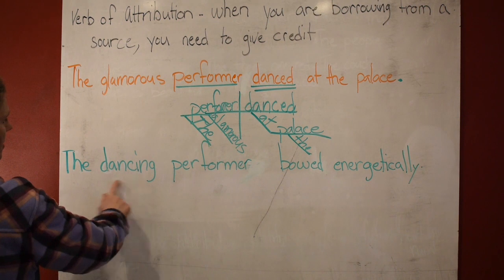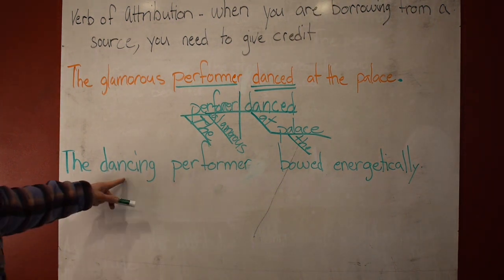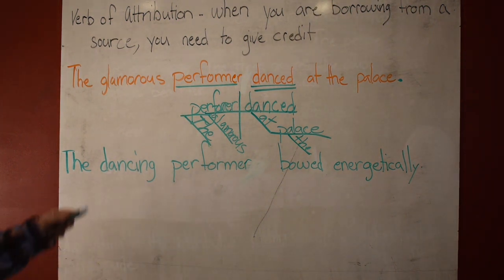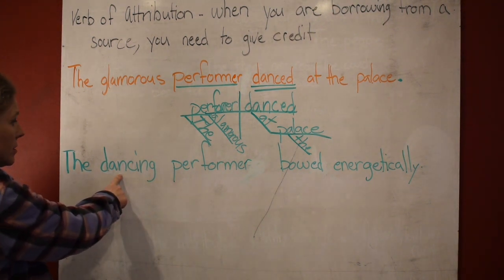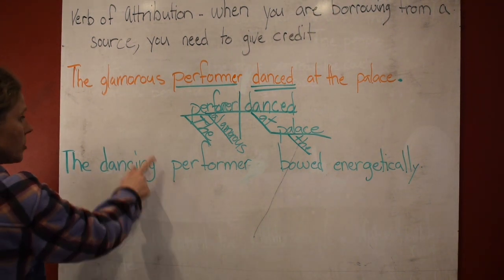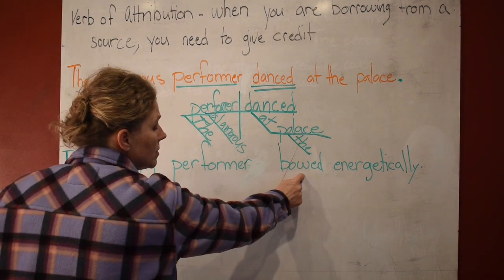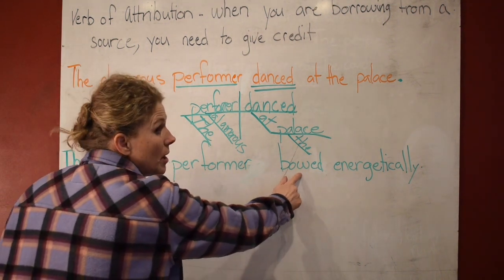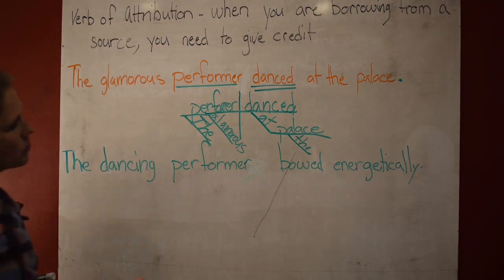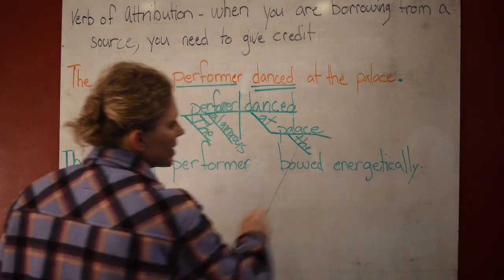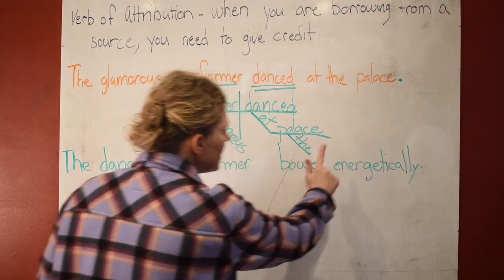But look at this. The dancing performers, what is that? It is a present participle acting as an adjective. This isn't the verb. The verb's right here, which is a past participle actually being the verb. So now we have energetically. What is energetically? How did they bow?